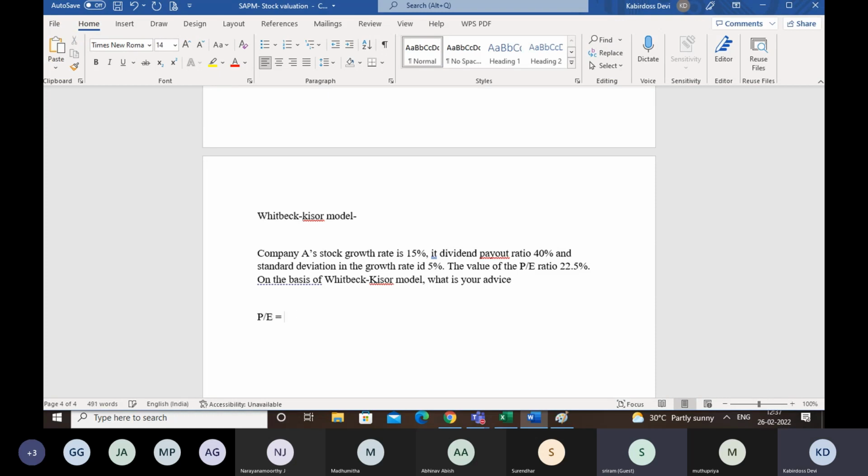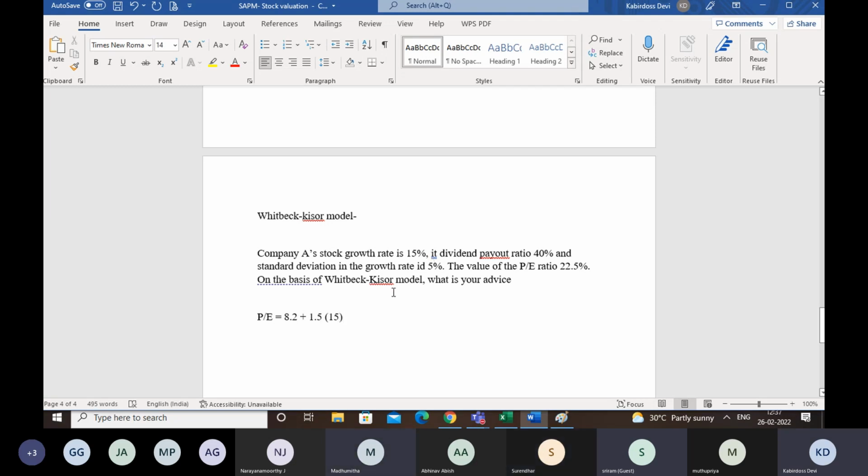The very first one, the standard rate we said 8.2, plus 1.5 into growth. Growth G is 15. 15% is the stock growth, right?